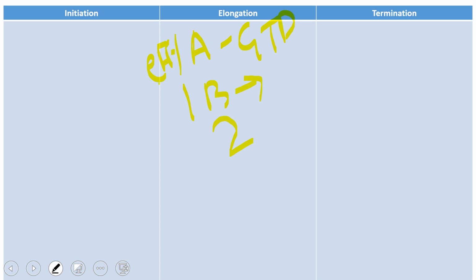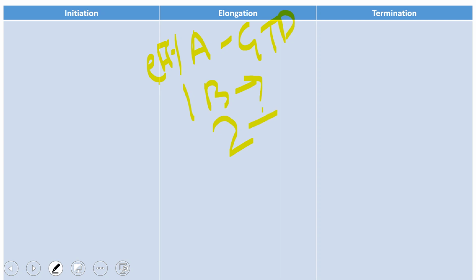Now we will see what are the different factors we have used. In case of elongation we have used 1A with GTP. We have used 1B for the recycling of this 1A, and factor 2. All these are eEF, meaning eukaryotic elongation factor 1A, eukaryotic elongation factor 1B, and eukaryotic elongation factor 2.